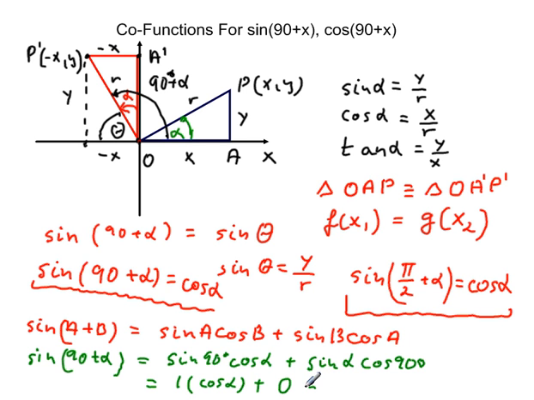Therefore, in the end, you will have the statement: sine 90 plus alpha is equal to cosine alpha. But this will come a little bit later. For now, just know that for sine 90 plus alpha, the cofunction that is equivalent in value is cosine alpha.